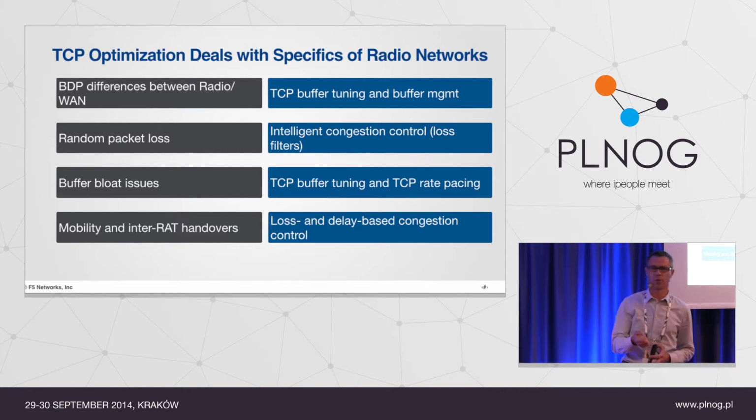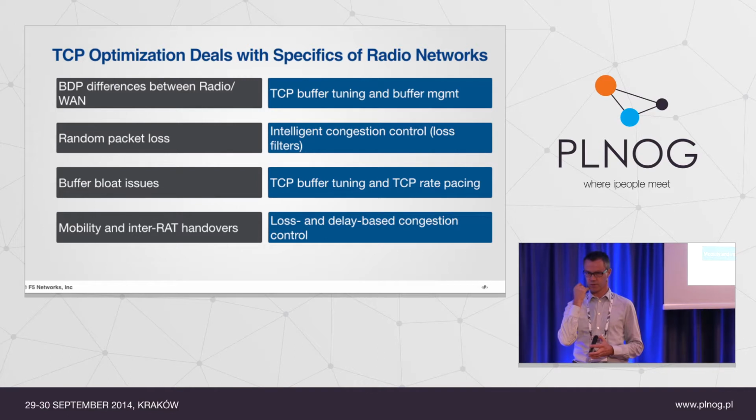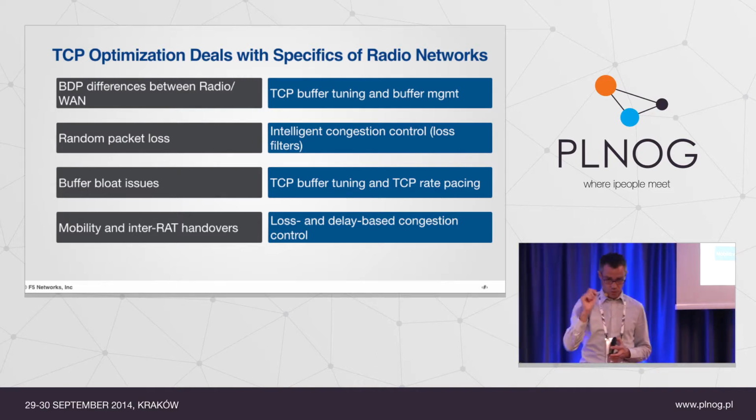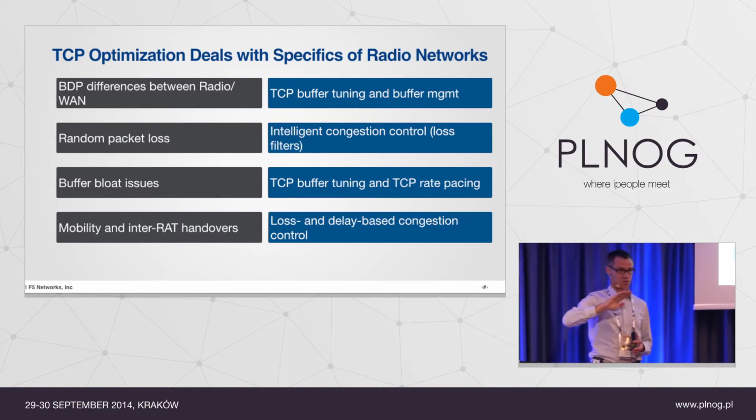Buffer bloat is that phenomenon where a TCP sender sends to the client. He tries to go up, as long as he doesn't see packet loss, he tries to go up. But the result at some point is that the buffers in the radio network will start to fill up because you cannot deliver it to the client, the bandwidth is not high enough, but you start filling up the buffers. TCP doesn't see that, right? TCP only sees something when a packet is lost.